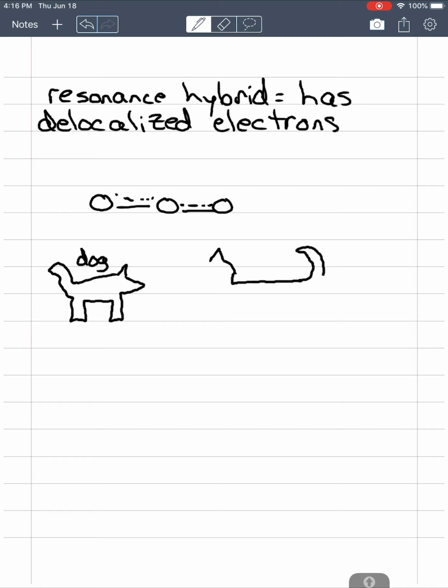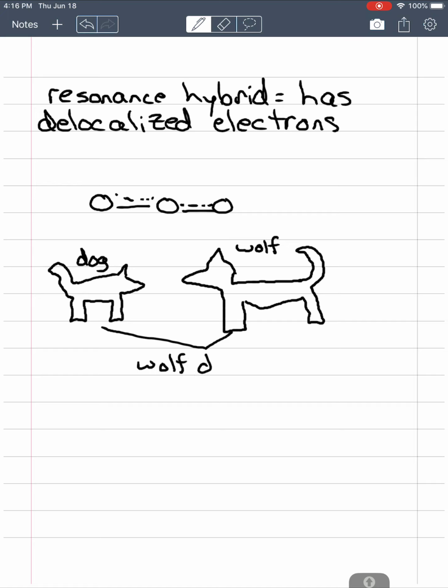They also have big fluffy tails. They look a lot like dogs. They have longer snouts. This is a wolf. And let's say they have a puppy. Then they have a wolf-dog hybrid.